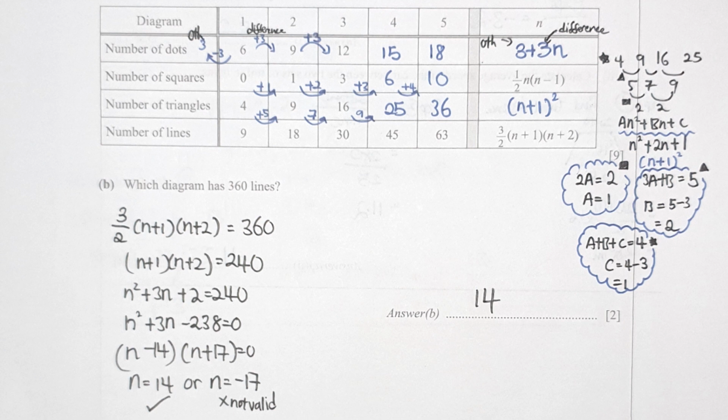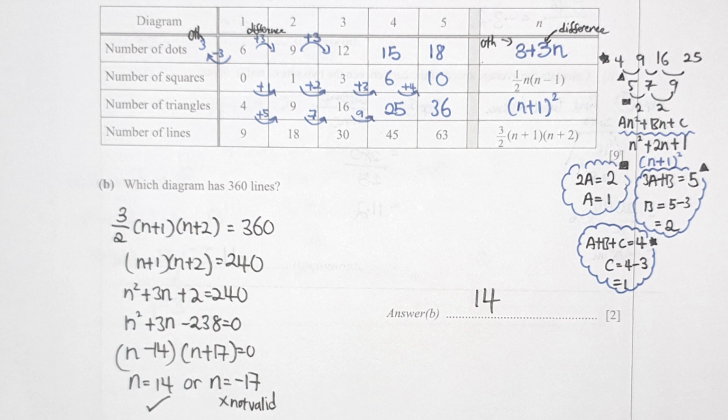So to identify the numbers of triangles, this one is actually a quadratic sequence. So I list down the 2 rows of differences, and since the second row is the same, I'll be using the quadratic sequence formula, whereby 2a equals the second difference value 2, a equals 1 after the calculation, 3a plus b equals the first difference value of 5, b equals 2 after the calculation, and a plus b plus c equals the top row's value, which is 4.